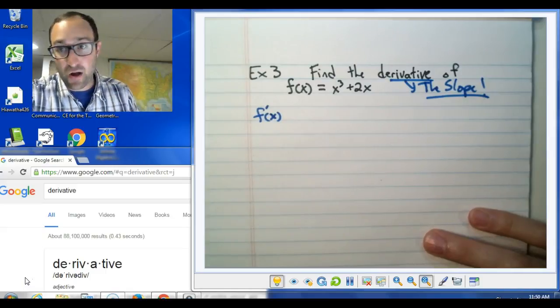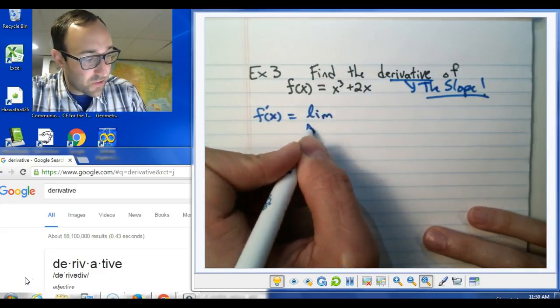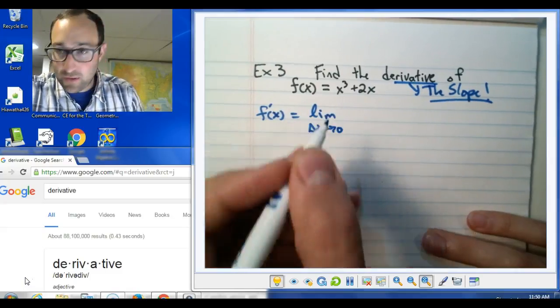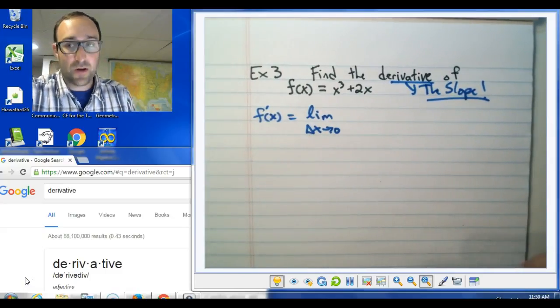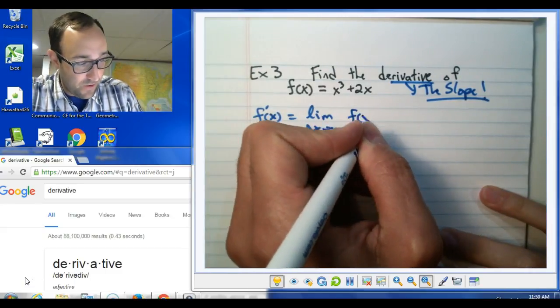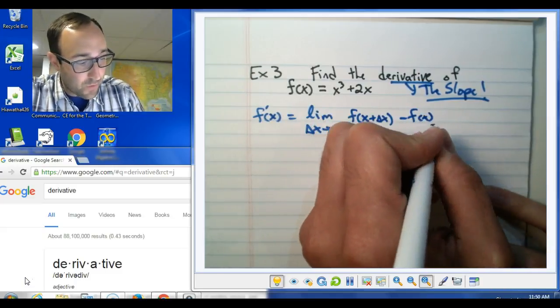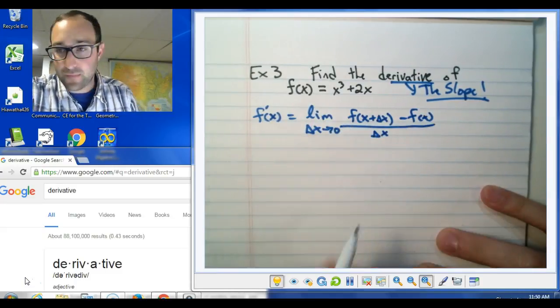We're going to say f prime of x is going to equal the limit as delta x approaches 0, and I'm going to write this again just so that you get used to it. You don't have to write this every time, but it definitely helps with the beginning part of it. We're going to say f of x plus delta x minus f of x all over delta x.